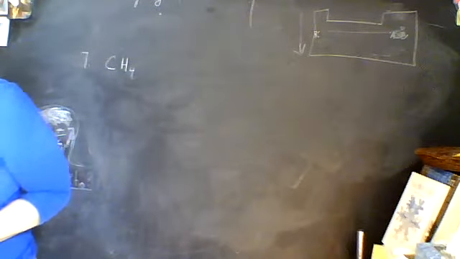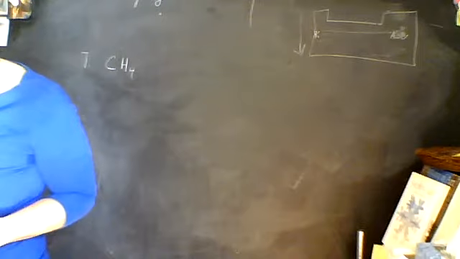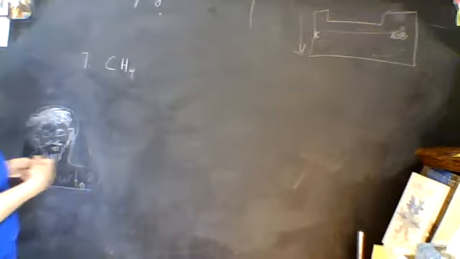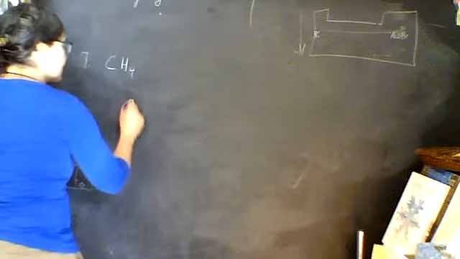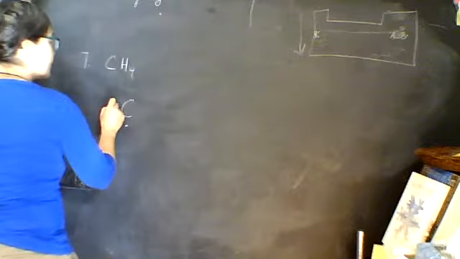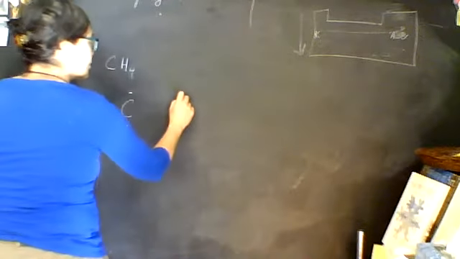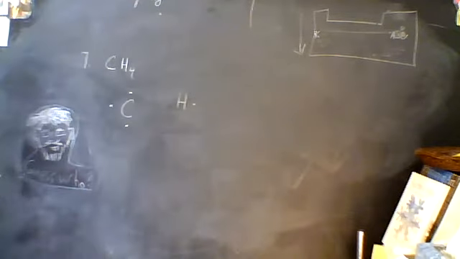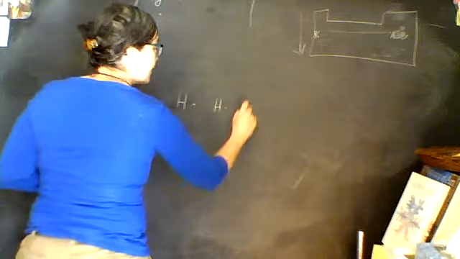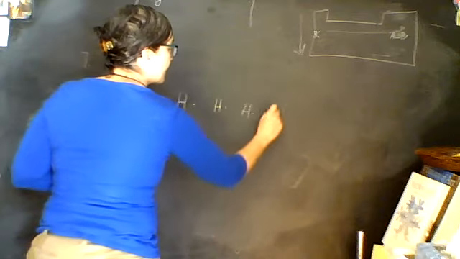Yes. Okay, so let's draw the Lewis structure for carbon by itself. Let's start there. Carbon is in what column? 4A. 4A, so it's going to have 4 valence electrons. 1, 2, 3, 4. And hydrogen only has 1, right? So here we have 4 hydrogen atoms. Only 1 electron.